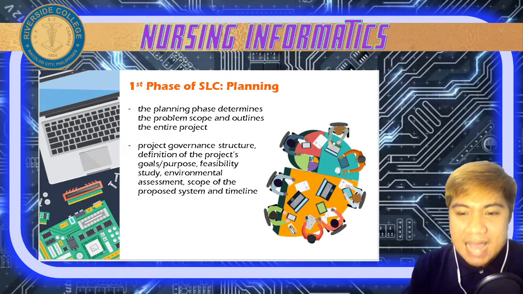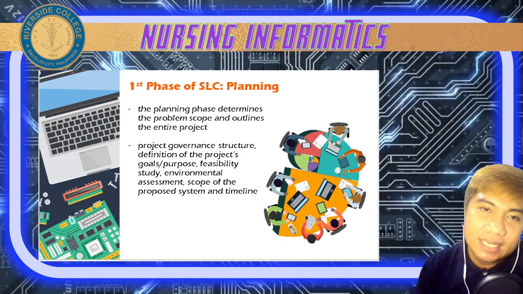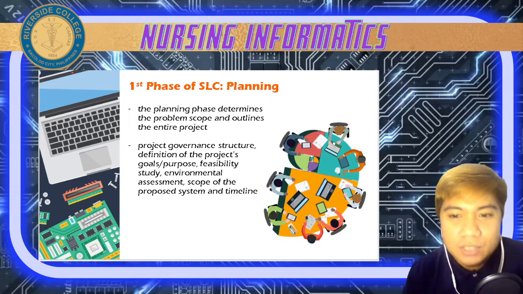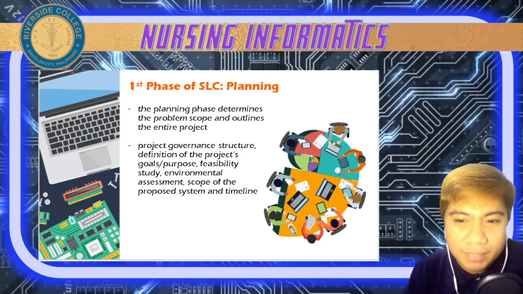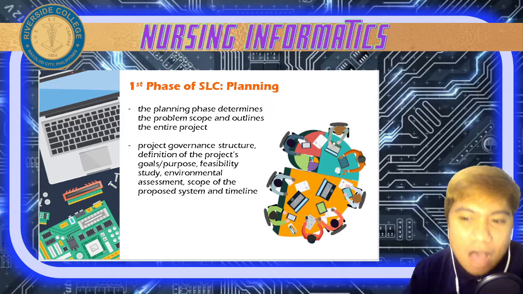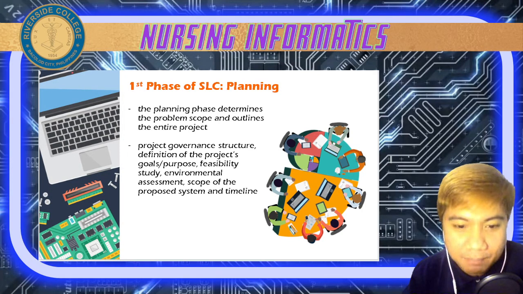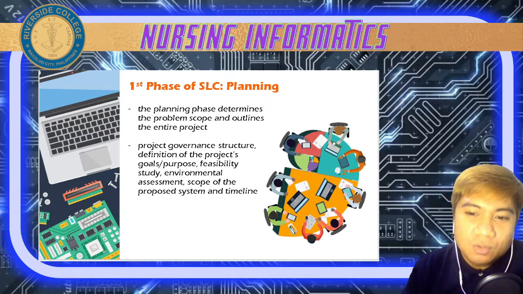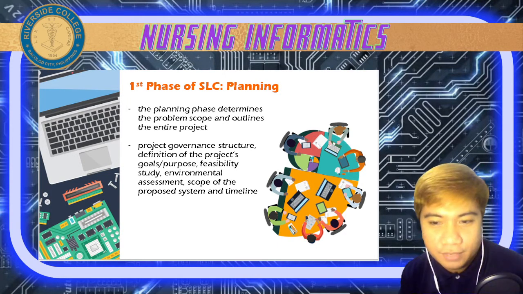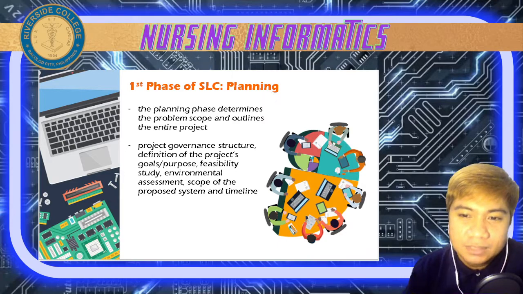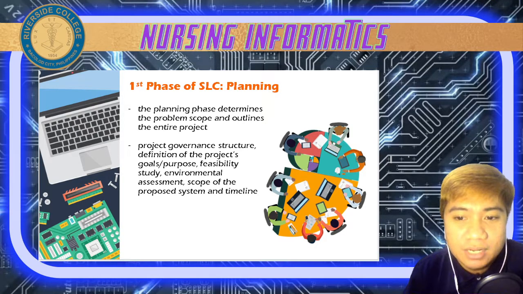First phase of your SLC is your planning. Okay? So the planning phase determines the problem scope and outlines the entire program. Okay? So project governance structure, for example. While we are planning to use our systems, first, it includes, for example, your project governance structure.